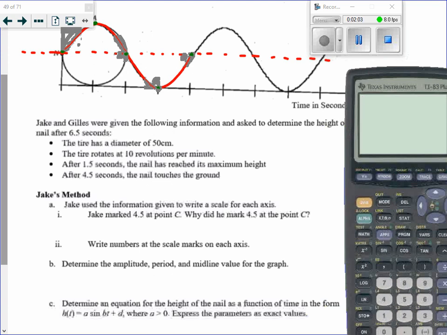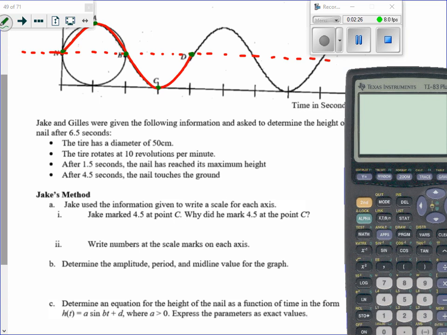First, in order to be able to determine some of these details and to be able to mark them in the graph, we're going to have to be able to figure out what the period is of this graph, what the amplitude of this graph is, and other details like that. So let's see. We know that the tire has a diameter of 50 centimeters.